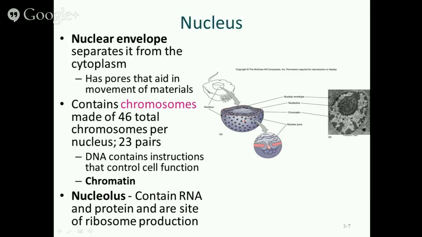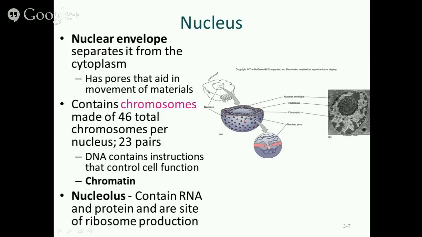And when the DNA is not condensed into chromosomes, we call it chromatin. So when it's kind of like everywhere, we call it chromatin. And it's just easier to find what we need to find when it's like that. Use that analogy with moving.